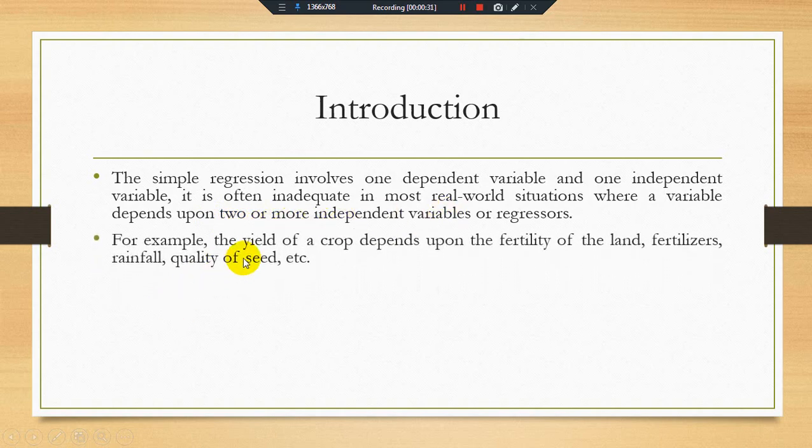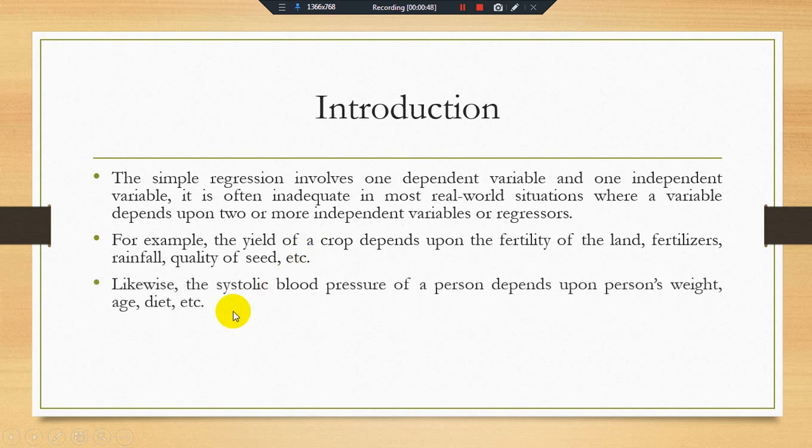For example, the yield of a crop depends upon the fertility of land, fertilizer, rainfall or quality of seed. These four independent variables jointly decide the yield of a crop. Likewise, the systolic blood pressure of a person depends upon the person's weight, age, and diet.